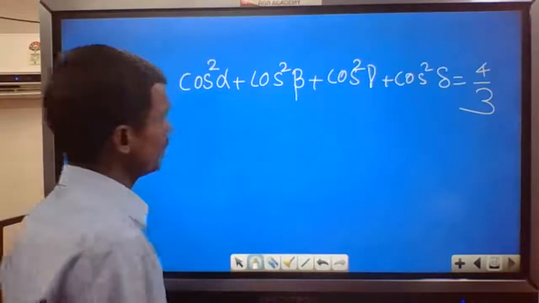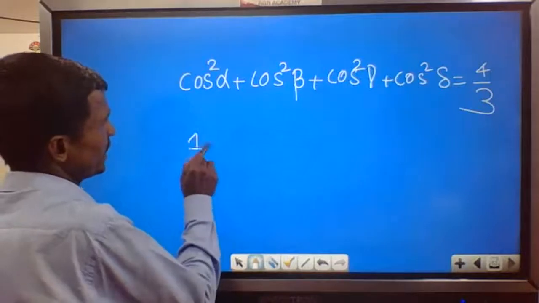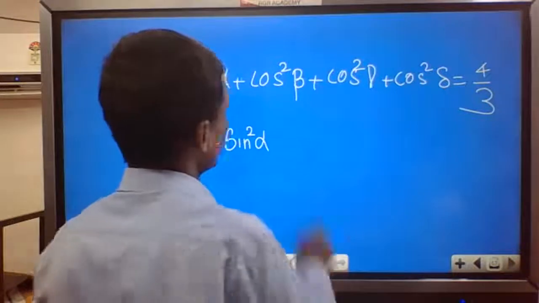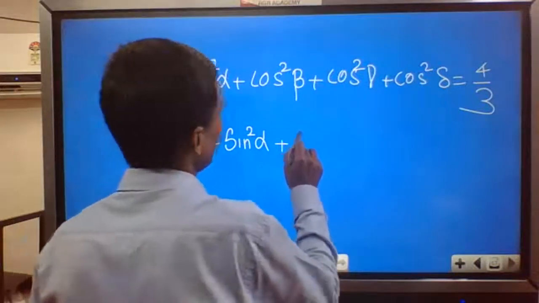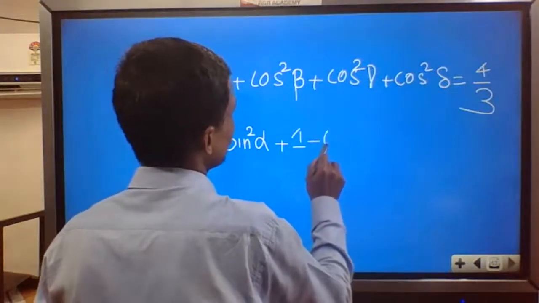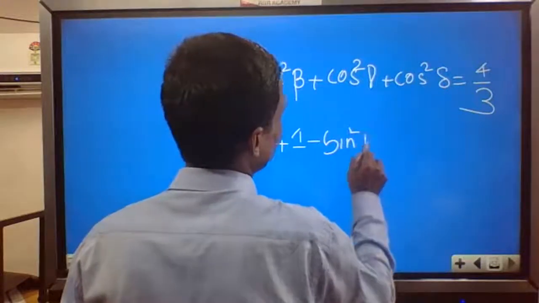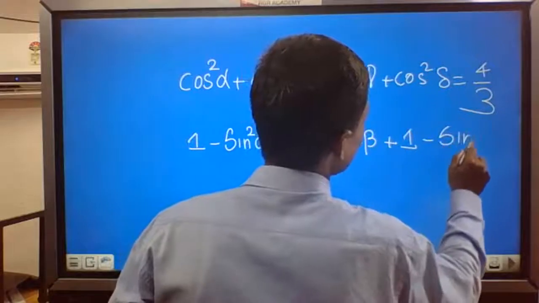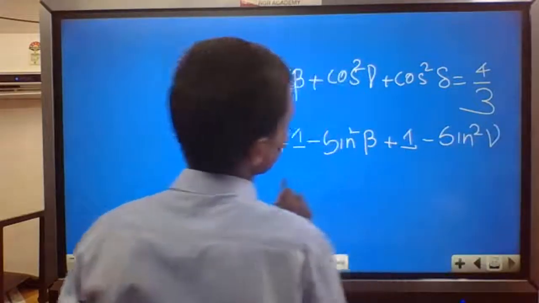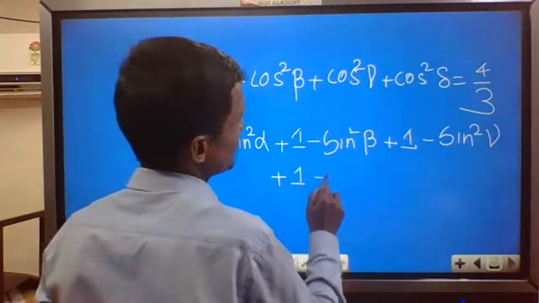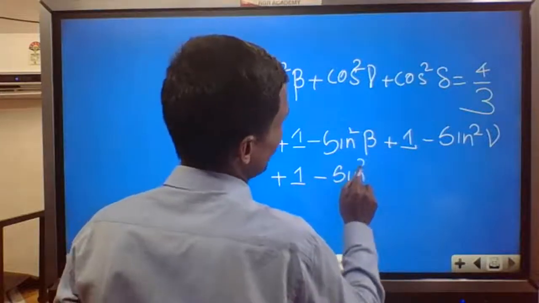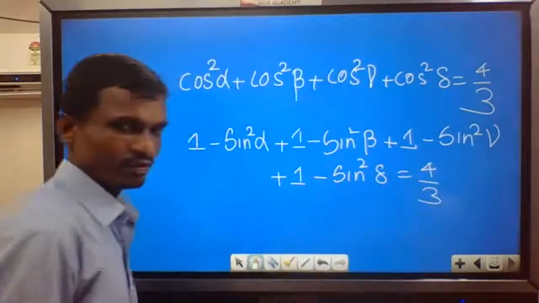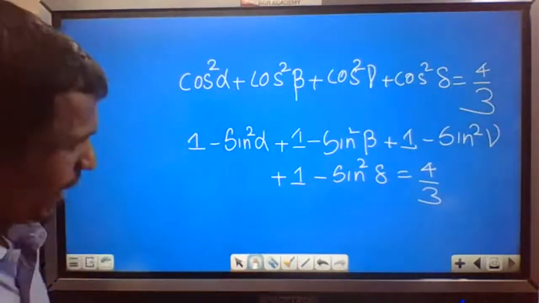How to write cos squared alpha? It is 1 minus sin squared alpha. Similarly 1 minus sin squared beta, 1 minus sin squared gamma, plus 1 minus sin squared delta equals 4 by 3.